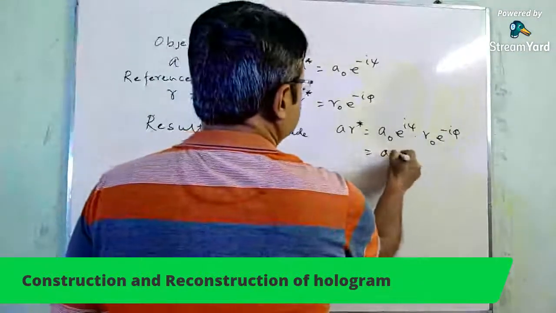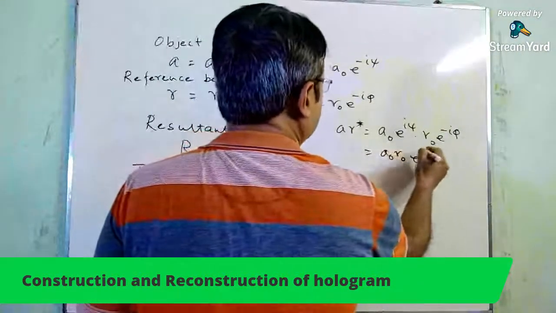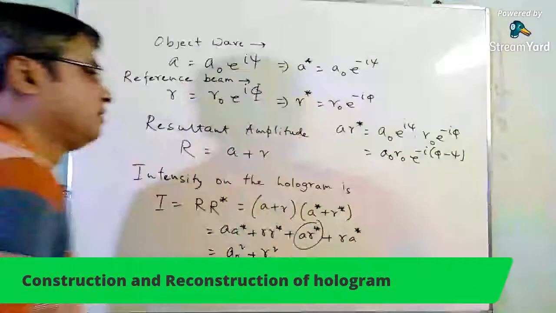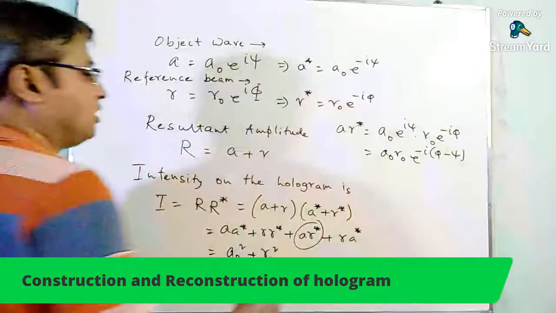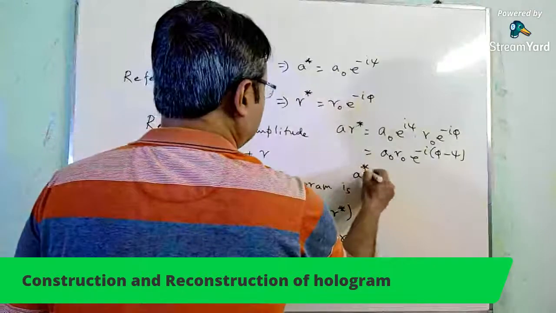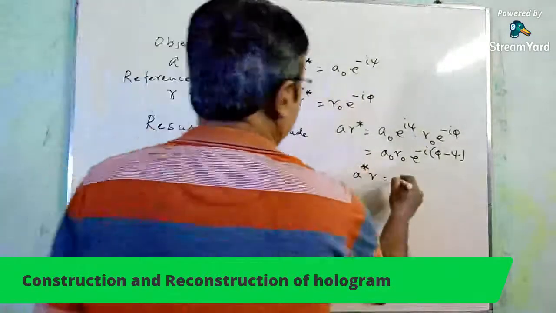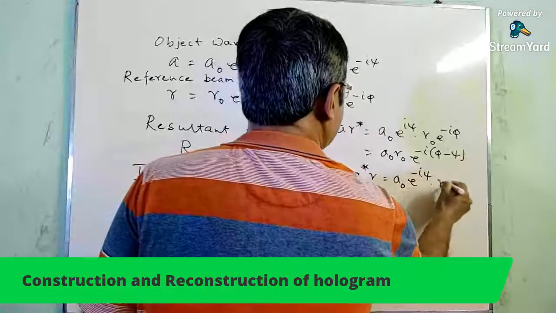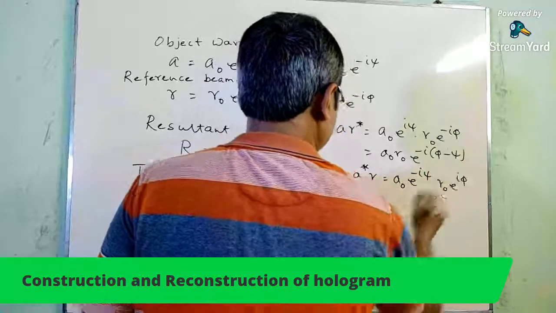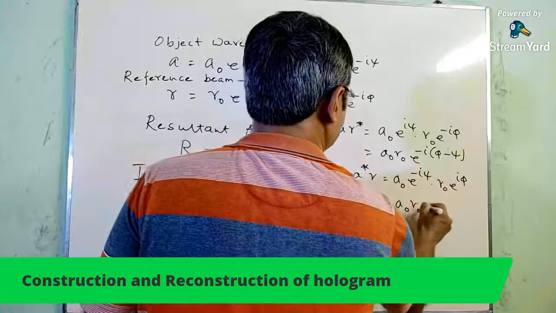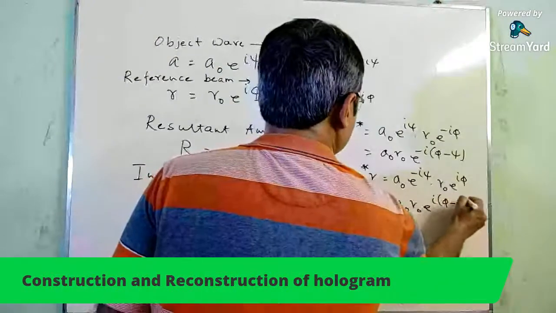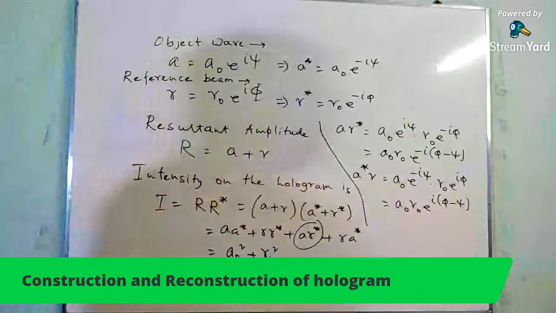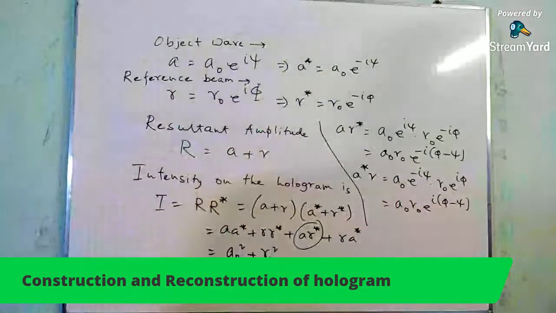So this will be A0 R0 e to the power, taking minus i common, phi minus psi. Then find the value of R A star or A star R. A star R will be A0 e to the power minus i psi into R0 e to the power i phi, or it will be A0 R0 e to the power i phi minus psi. So these are the values of A R star and A star R.